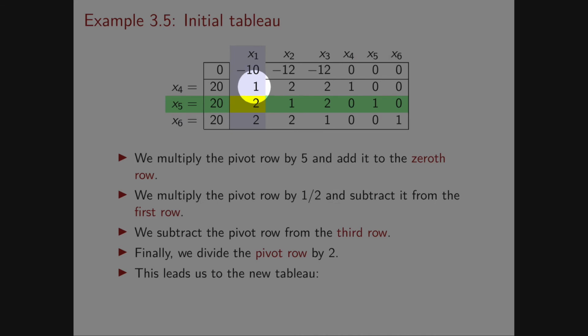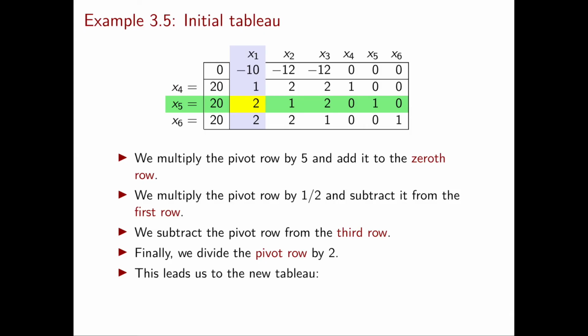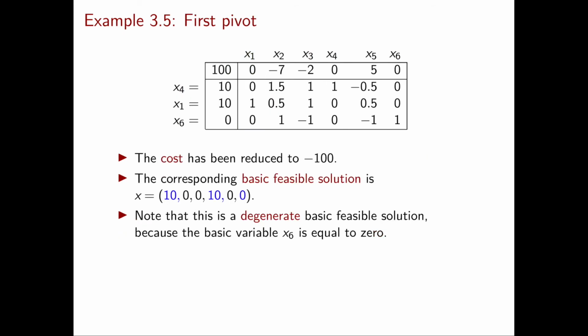To obtain a 0 here, we need to instead multiply the pivot row by 1/2 and subtract it from the first row. To obtain a 0 in the last row, I simply need to subtract the pivot row from the third row. And finally, to obtain a 1 in the pivot element, I simply need to divide by 2 the pivot row. If you perform all these elementary row operations, you will obtain this new tableau.